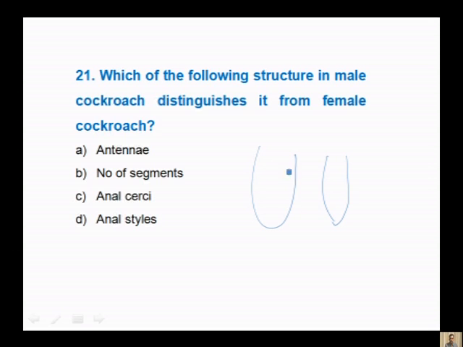Usually the abdomen of the female cockroach is comparatively broader compared with the male, and in the male cockroach there are two thread-like structures present at the posterior end to hold the female at the time of gametes transfer, called anal styles. Anal styles are present only in males, absent in females. All other organs like antenna, number of segments and anal cerci are present in both male and female.